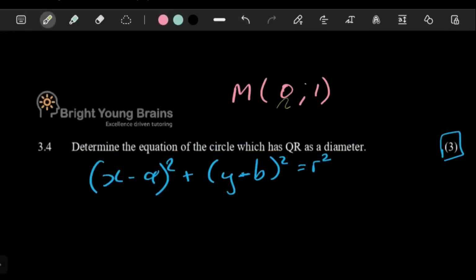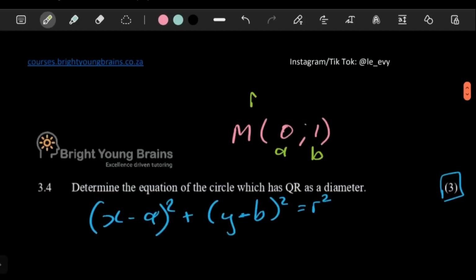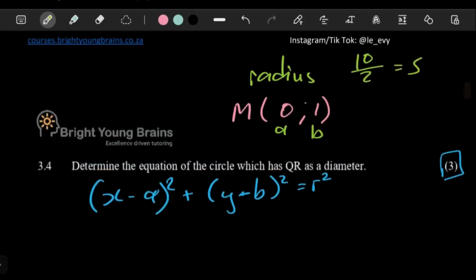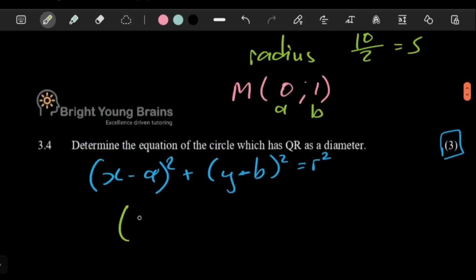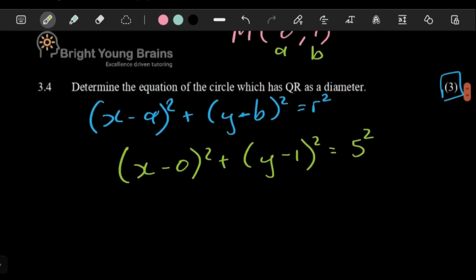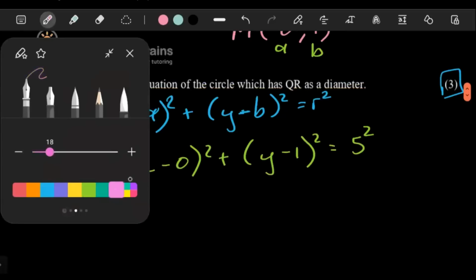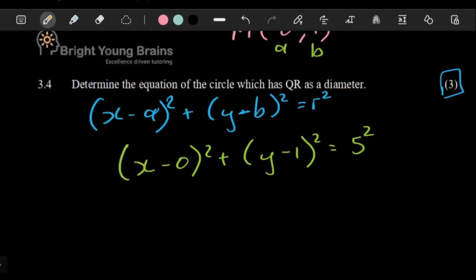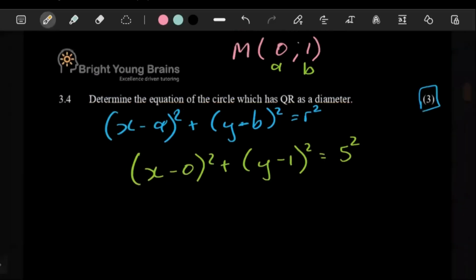That's like A and B. And the radius, we know it's half of 10. So in the equation, remember you always put the opposite, but for y, 0 is 0. For x, that's like minus 1. And R, the radius, is like 5. So all this being said, we're done technically.